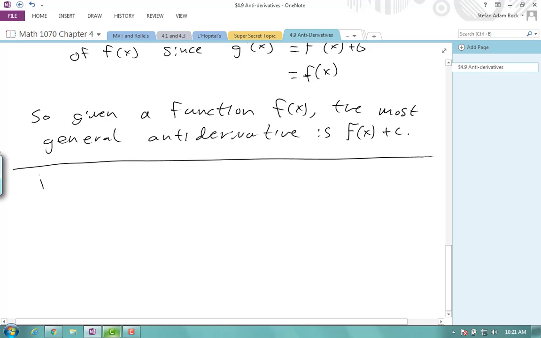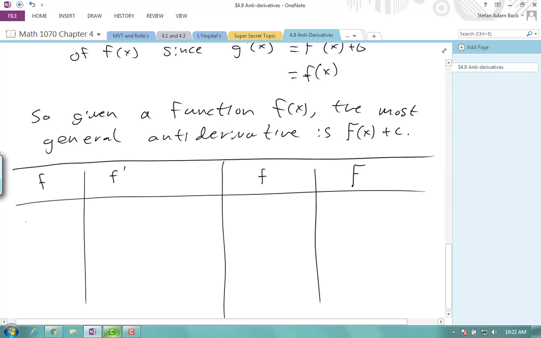So for example, if I have f prime, then I have an associated anti-differentiation rule, f to big F. For example, if I had x to the n, that derivative is n times x to the n minus 1. If I try to undo that, how did I do the power rule? I took the exponent down, and then I decreased the exponent.